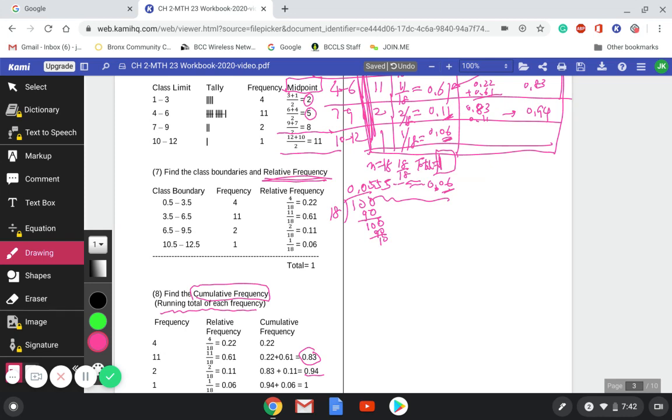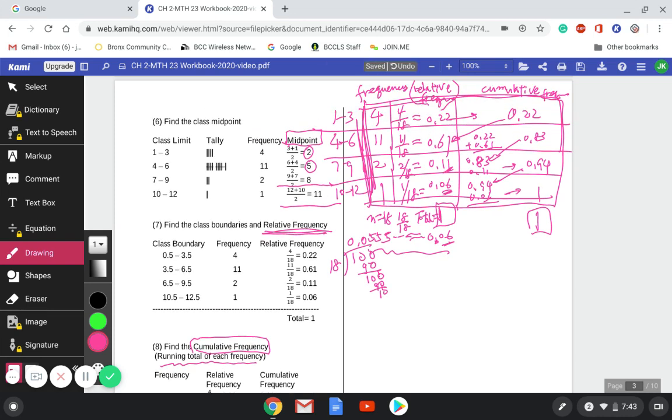And then you add 0.94 with the 0.06, you end up with 1. So cumulative frequency always ends up with a 1 because the running total has to reach the same goal, which is 1.